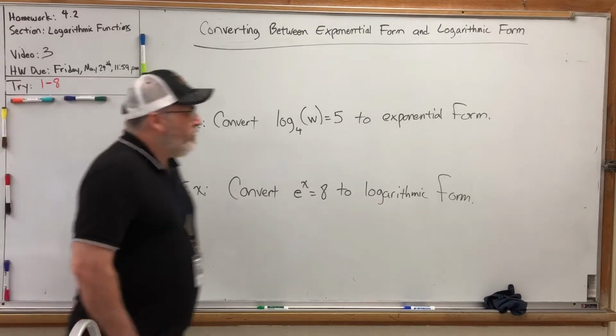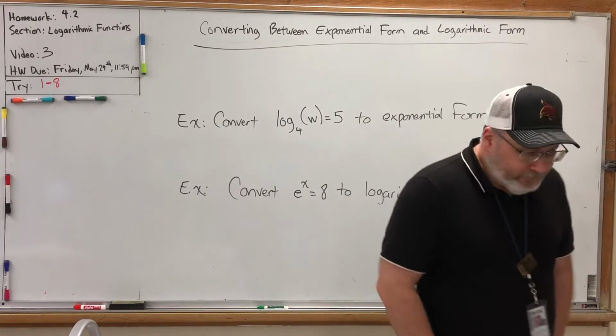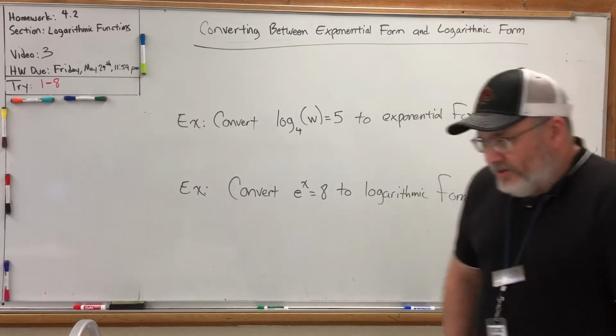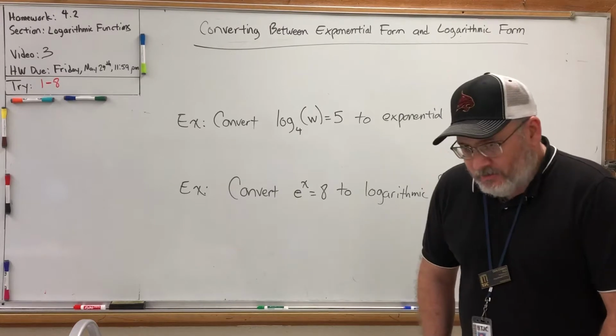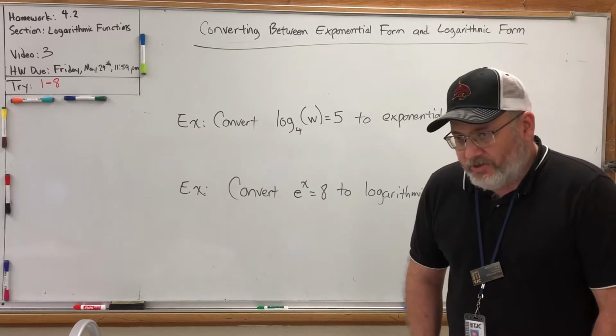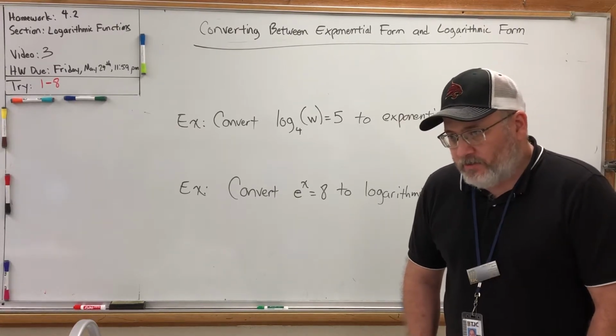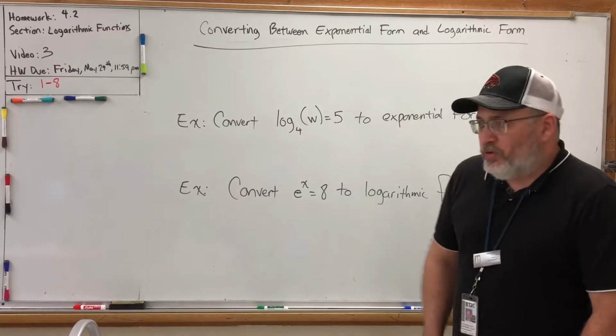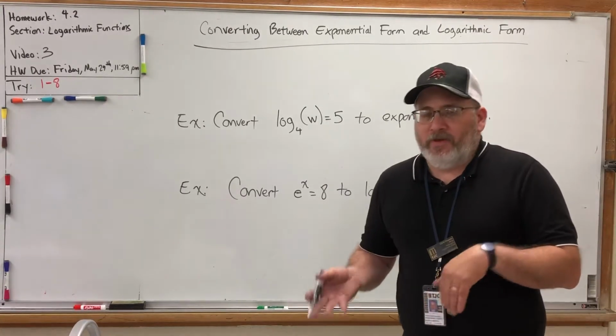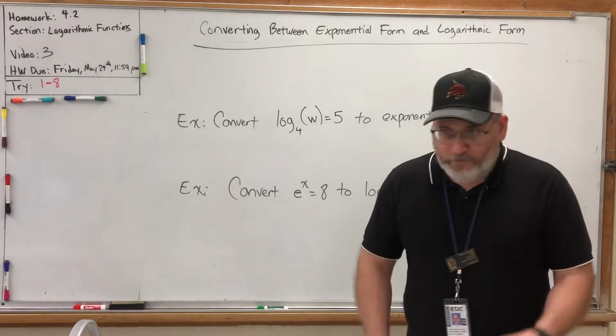Converting between exponential form and logarithmic form. I can't overstate how important it is in this homework and subsequent homeworks to be able to view a logarithm as an exponent and vice versa.